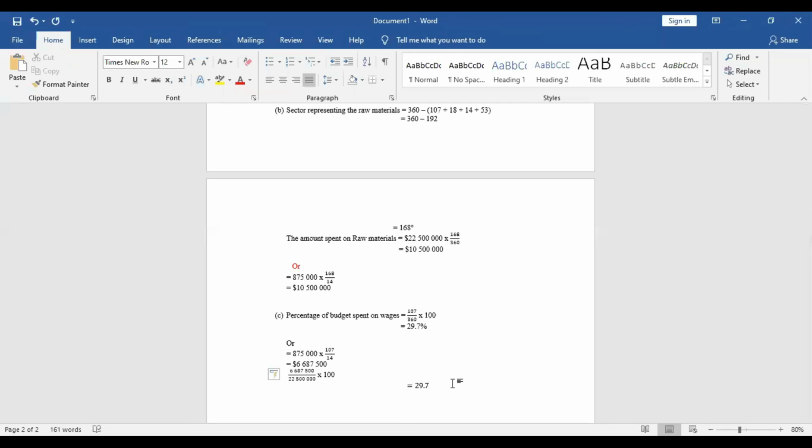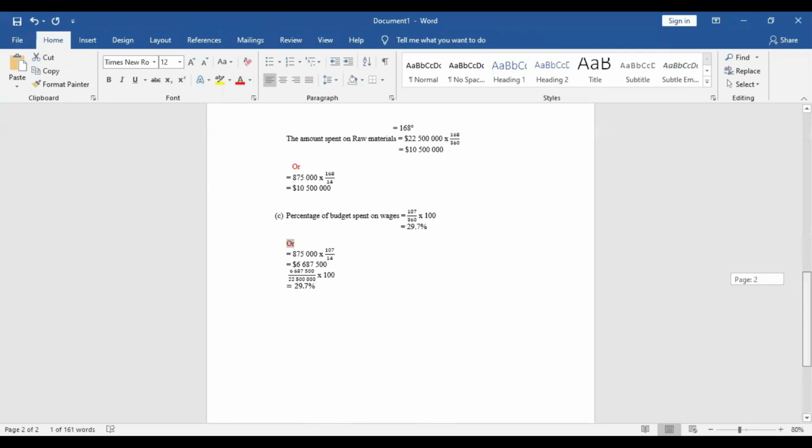So let me just go back over it for some persons. They ask you for the percentage of the budget. I think this part is absolutely easy. You simply take your degree for wages, 107, divide it by 360, and multiply by 100. Some persons might prefer to go this way, which is another alternative, and nothing is wrong with that.